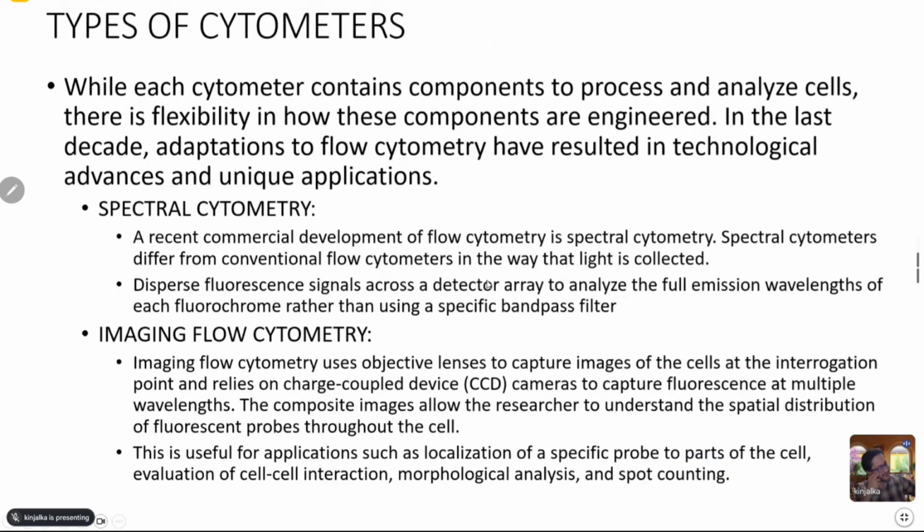Now, there are different types of cytometers that we know of. There are a lot of subsets, but broadly you have different applications, different purposes and different capabilities of multiplexing for these kinds of cytometers. The first type, other than flow cytometry, which is recent and novel, is known as spectral cytometry.